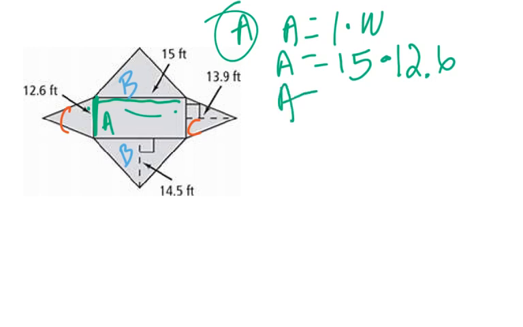So my area of the rectangle is going to be 15 times 12.6. I'm going to pop that in the calculator to get 189 feet squared.